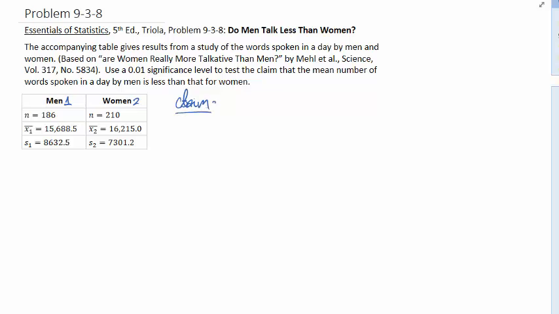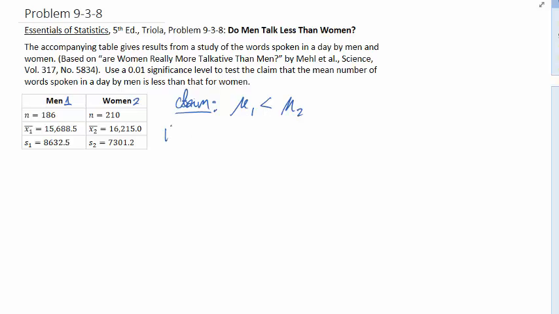So our claim is that the mean number of words spoken by men is less than the mean number spoken by women. We're going to use mu for our mean, mu sub 1 for the men, and mu sub 2 for the women.